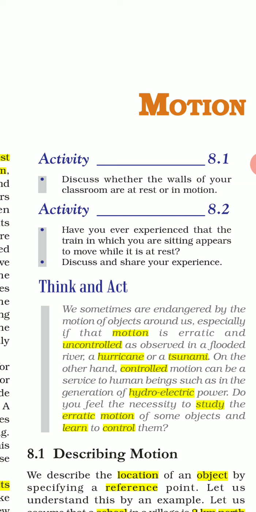Here, the train in which you are traveling is at rest beside another train which is already at rest. Now, all of a sudden the side train starts moving slowly. Now you feel that your train is moving in the opposite direction.